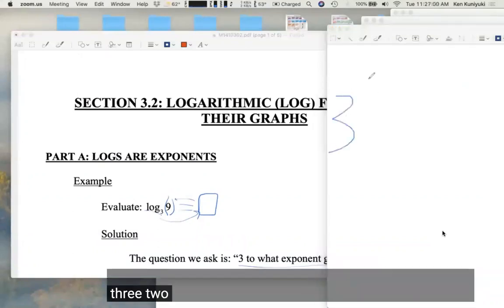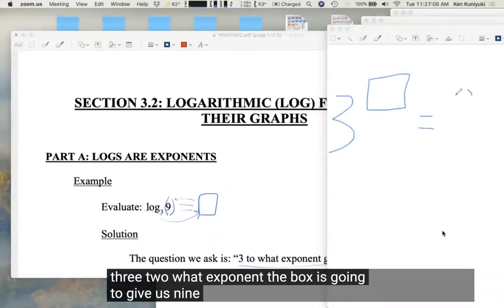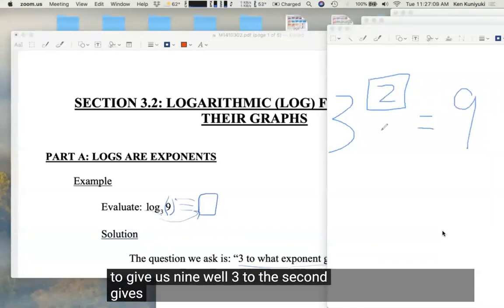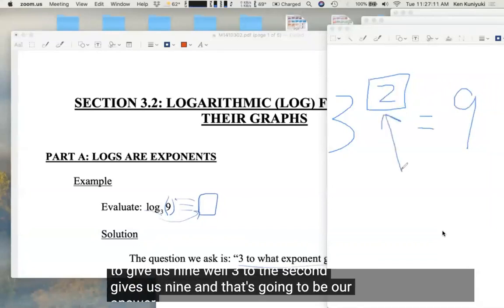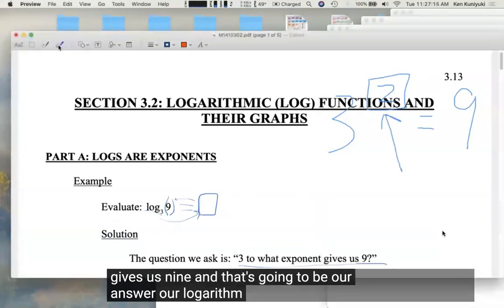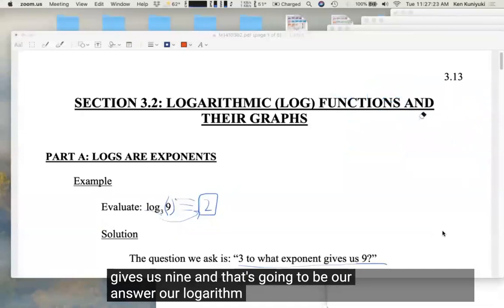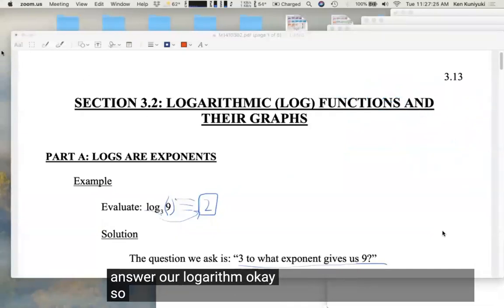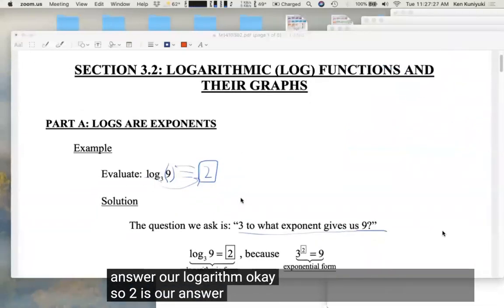Three to what exponent, the box, is going to give us 9? Well, 3 to the second gives us 9, and that's going to be our answer, our logarithm. So 2 is our answer.